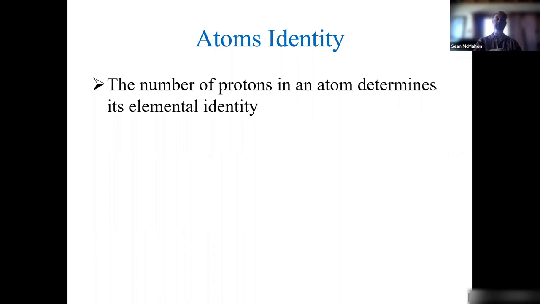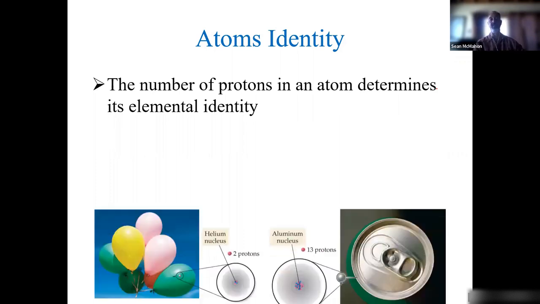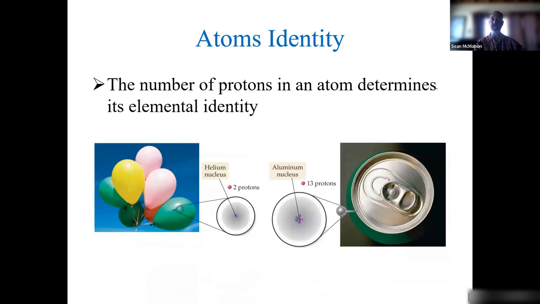And what makes an element what it is? The proton. The proton is how you identify an element. So helium, right? Helium has 2 protons. So all helium atoms have 2 protons. That's what makes it helium. That's why on the periodic table, it was the second element listed with a 2 on the top.